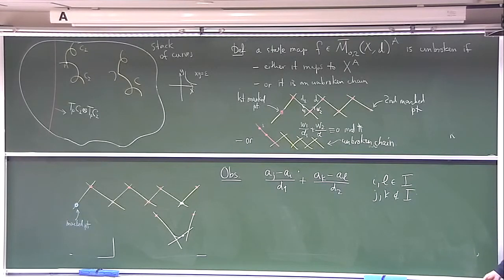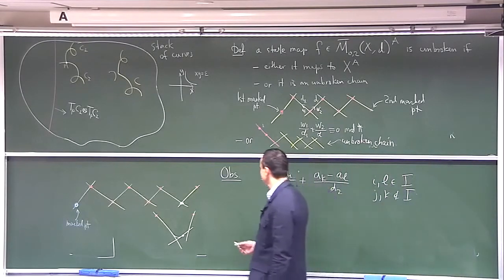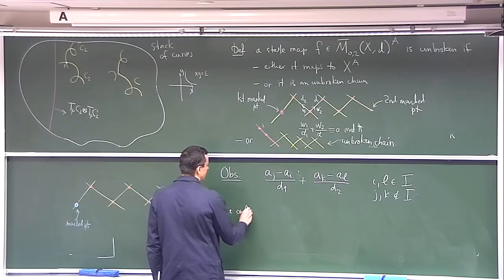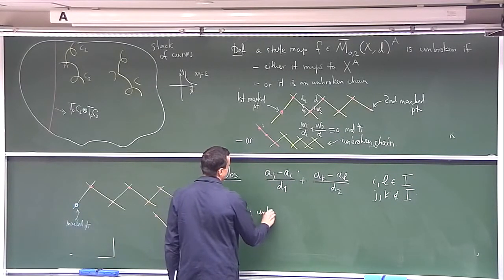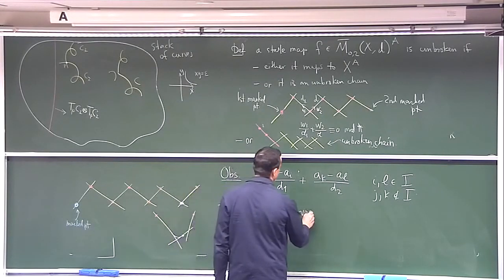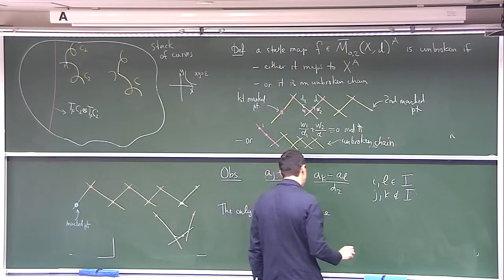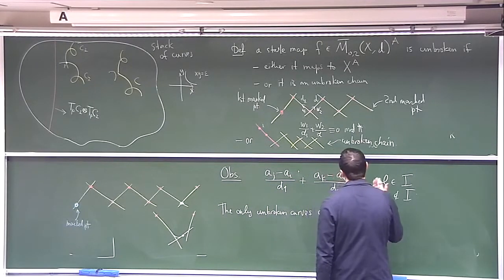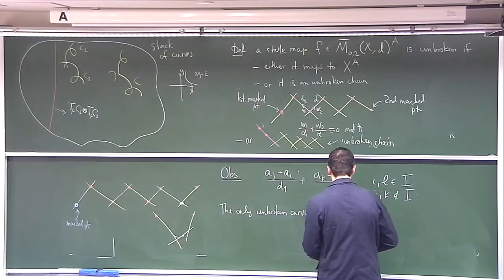So the conclusion is that the only unbroken curves are multiple covers. Well, the ones that collapsed either collapsed.